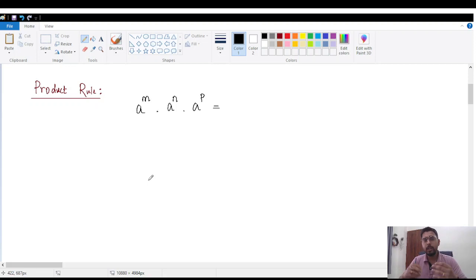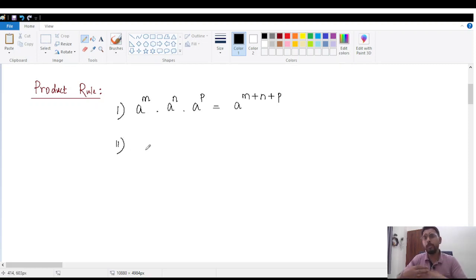So if you are multiplying exponential expressions having the same base, you can find an alternate solution by adding all the exponents to the same base. That is known as the product rule. So you can write a to the power of m plus n plus p.